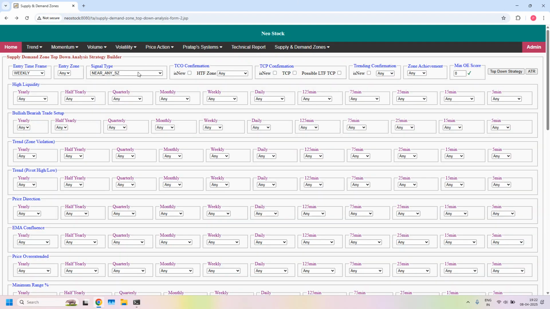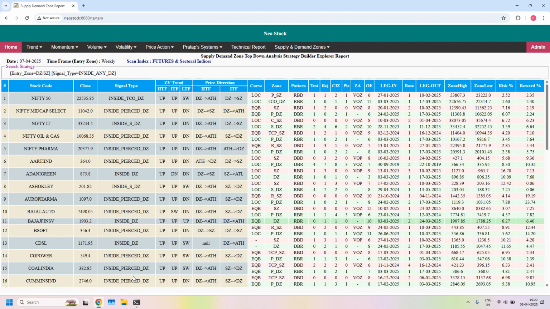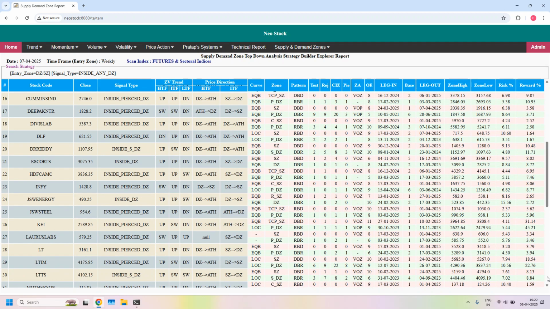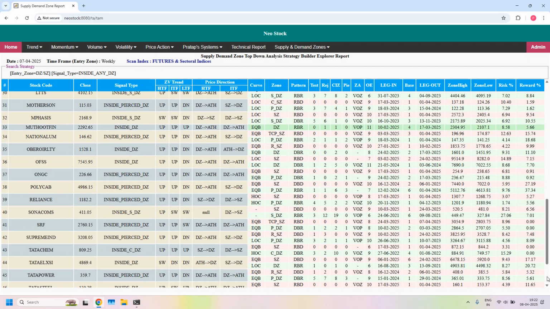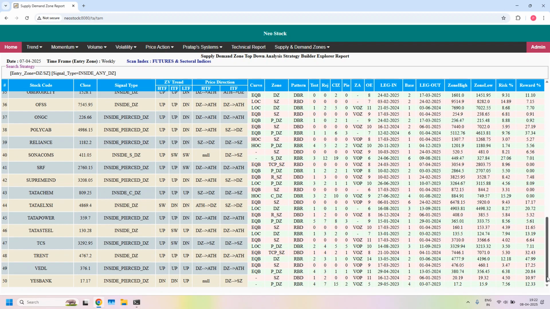Okay, next, price closed inside the weekly demand zone. First 16 stocks in the list. Scrolling the list down. Total 50 stocks are filtered.